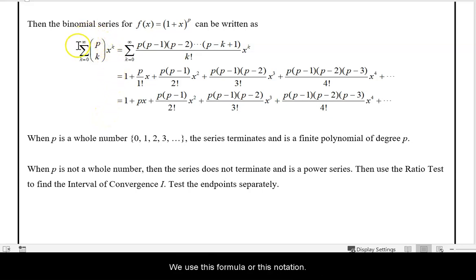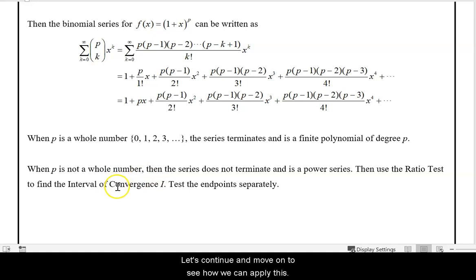We use this notation in parentheses with the p written directly above the k to represent this coefficient here consisting of p times p minus 1 times p minus 2 times all the way down to p minus k plus 1 divided by k factorial. Those are the coefficients that you'll find in front of the x to the kth terms.